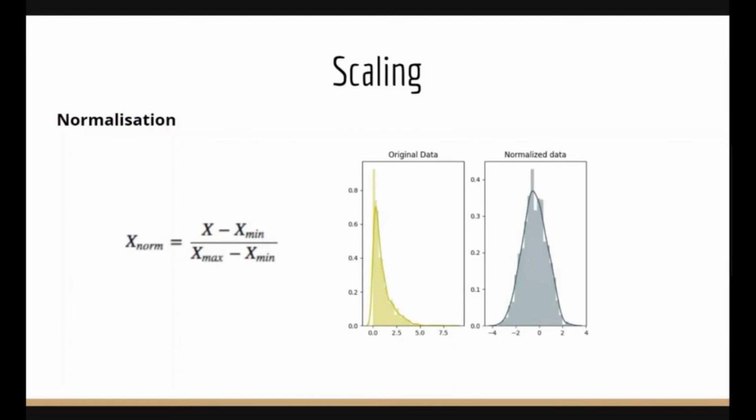Now, in what ways can we do this scaling procedure in our data set? The most common procedures followed for scaling are normalization and standardization. Let us look into the first procedure, which is normalization.